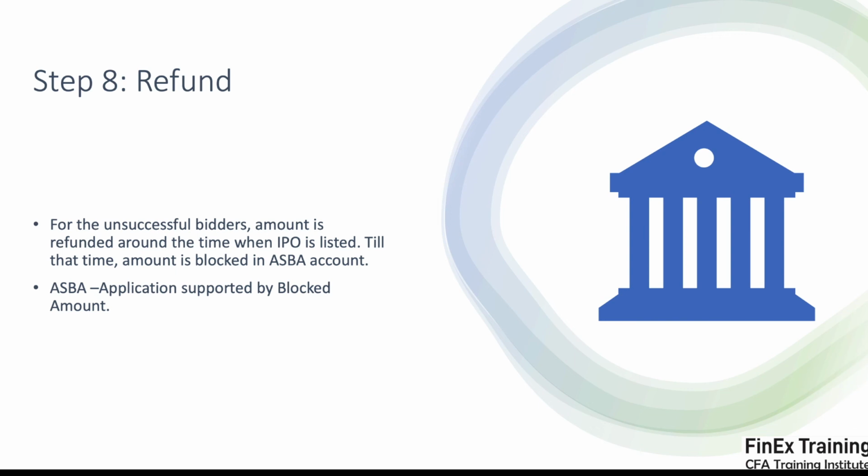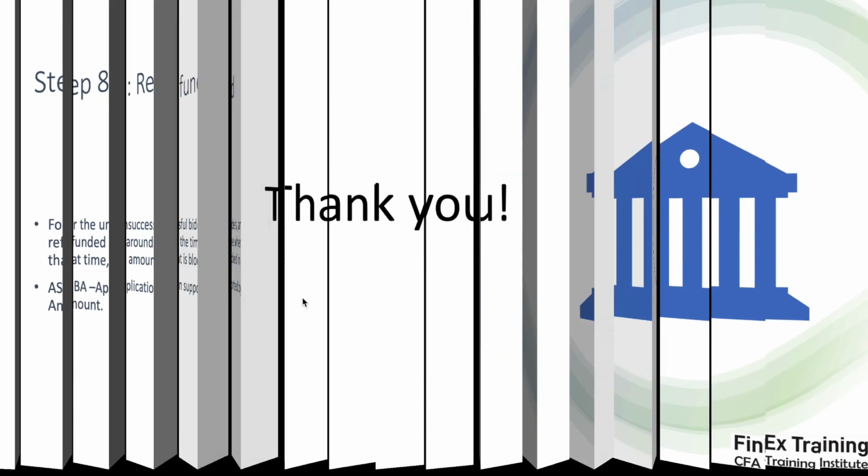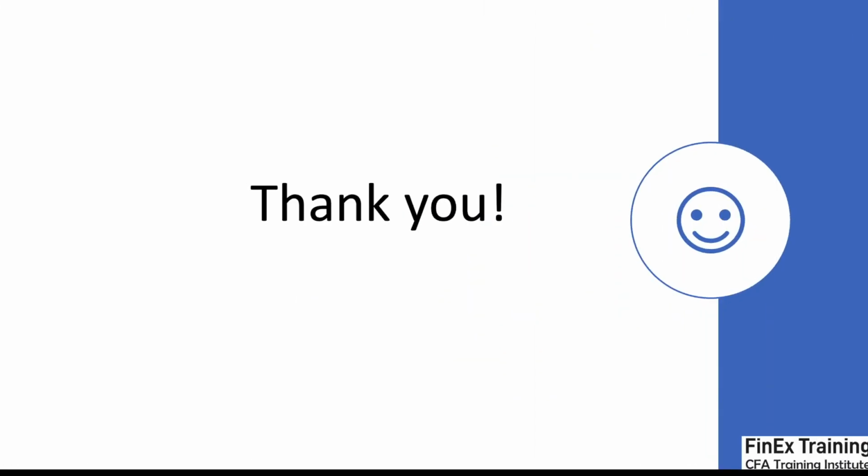Whereas now, the money will be there in the account, but it is frozen. And when it has to be returned, it is unfrozen, and the investor gets the amount back. It happens through this process called ASBA, Application Supported by Blocked Amount. Right. So these are some of the steps involved in an IPO.